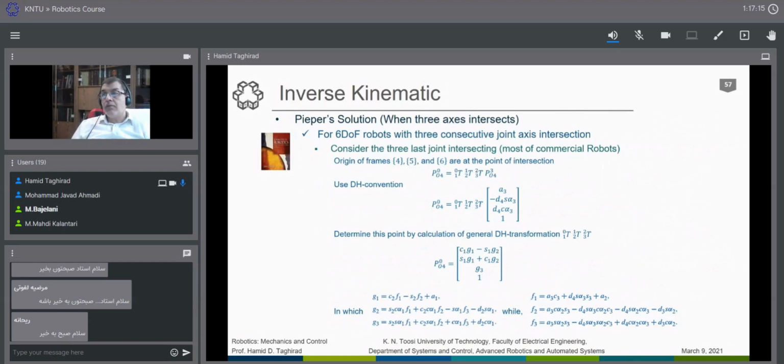Now, what Pieper says goes back maybe 35 years or so. It says that when three axes intersect, the concept is very simple. When three consecutive axes intersect, then we can decompose the position and orientation, or decompose the six equations into two decoupled sets of three equations.